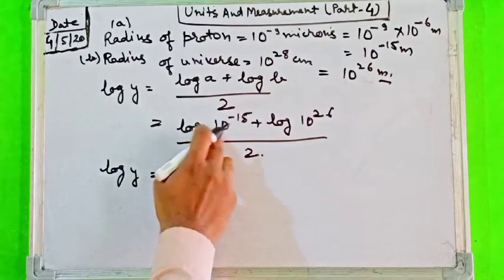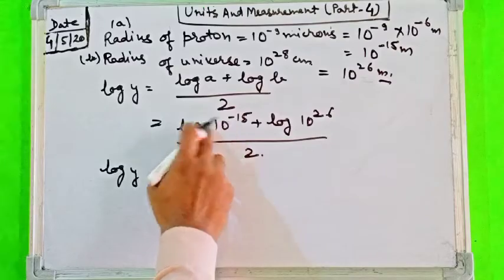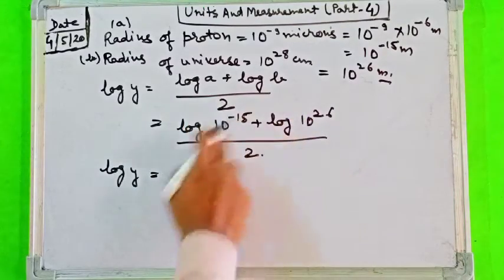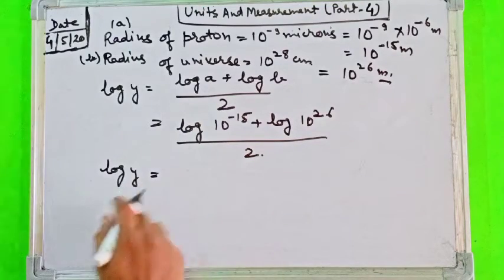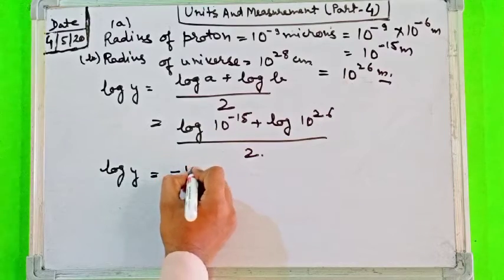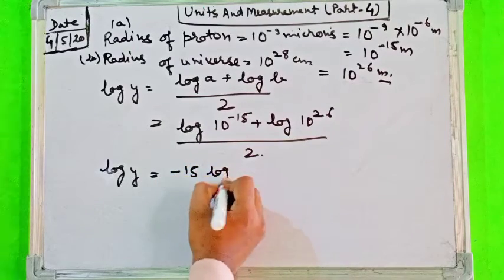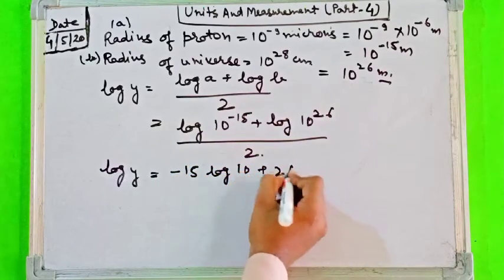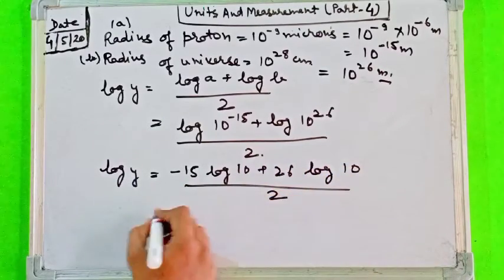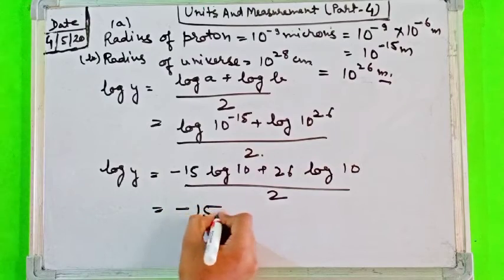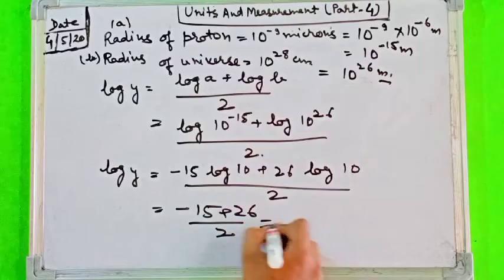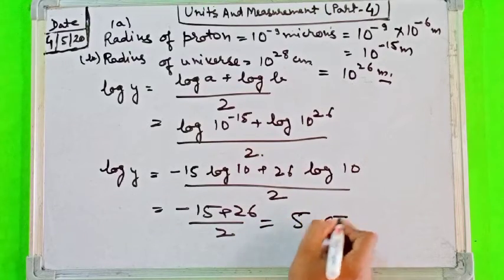Both have log base 10, so it becomes (minus 15 log base 10 plus 26 log base 10) divided by 2, which is equal to (minus 15 plus 26) divided by 2, and this will be equal to 5.5.